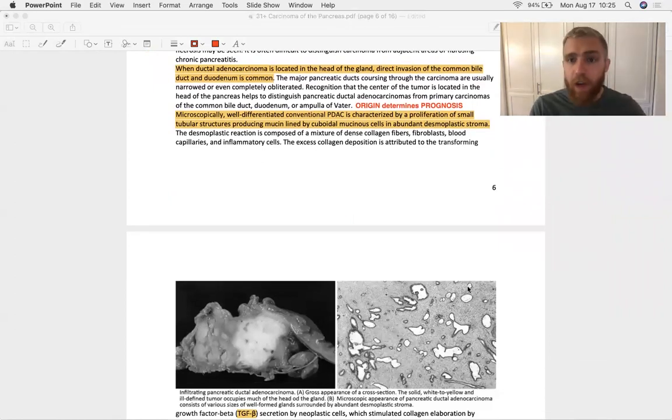Direct invasion of the common bile duct and duodenum is common, okay? So you've got to take out any tissue that's been invaded by this cancer. And again, if it gets into certain arteries, what are you going to do, take out the superior mesenteric and put it back on? I don't think so. That's practically impossible to do meaningfully to where it doesn't have long-term implications.